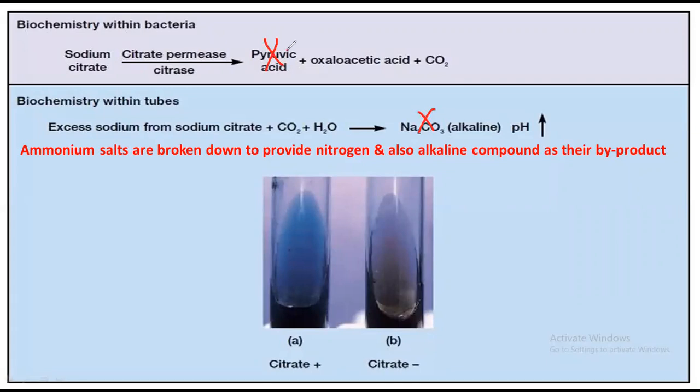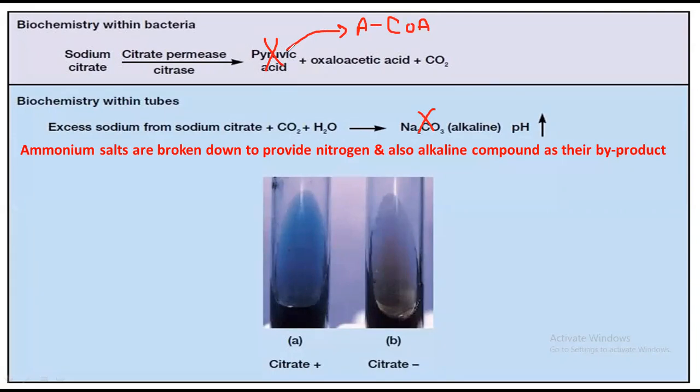This pyruvic acid is converted into acetyl CoA, as you have remembered in the Krebs cycle. I'm writing just A and CoA. So it is converted into acetyl CoA, and after that, this acetyl CoA reacts with different nitrogenous compounds to produce different amino acids and different nitrogenous bases.